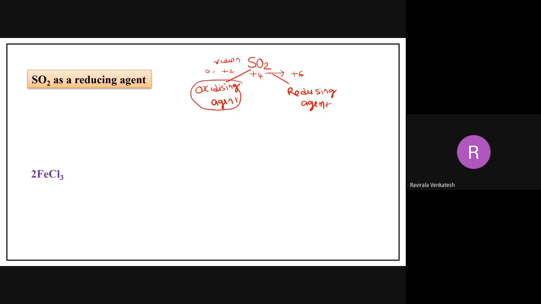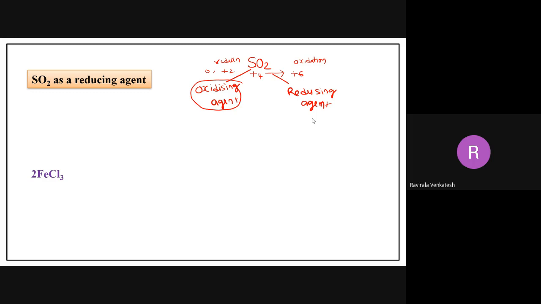If it converts into +6, we call this an oxidation reaction, so that one is a reducing agent. The substance which undergoes reduction is called an oxidizing agent. A substance which undergoes oxidation is called a reducing agent. Now sulfur dioxide can undergo oxidation and reduction because it has an intermediate oxidation state. Therefore, it can act as an oxidizing and reducing agent.